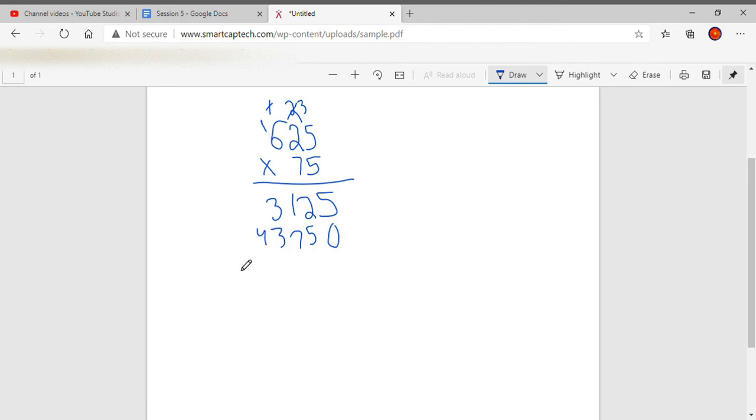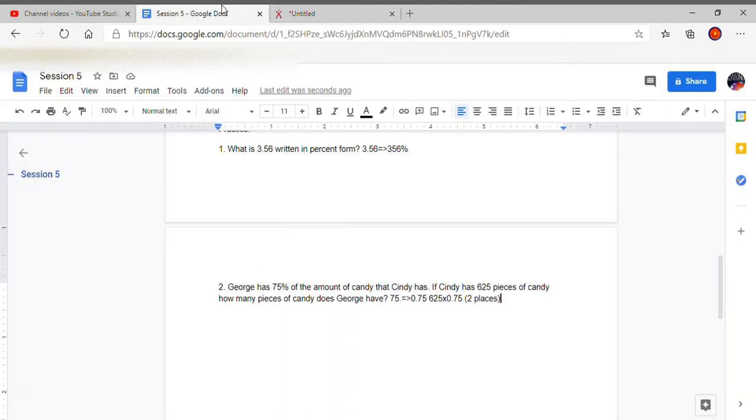So let's add this. 5 plus 0, 5. 5 plus 2, 7. 7 plus 1, 8. 3 plus 3, 6. 4 plus nothing, 4. So now we get 46,875, but we have to add back the 2 decimal places.